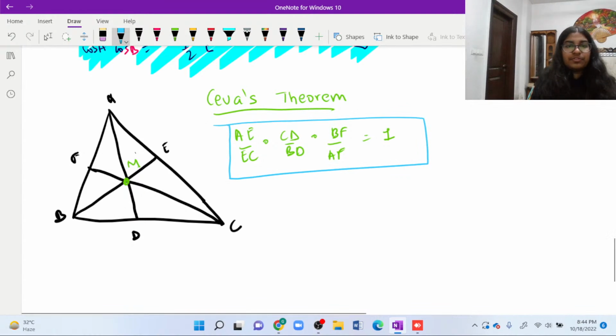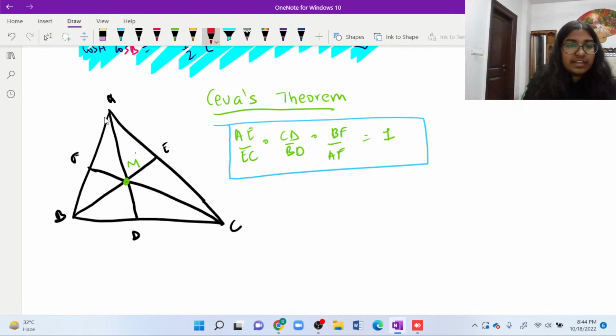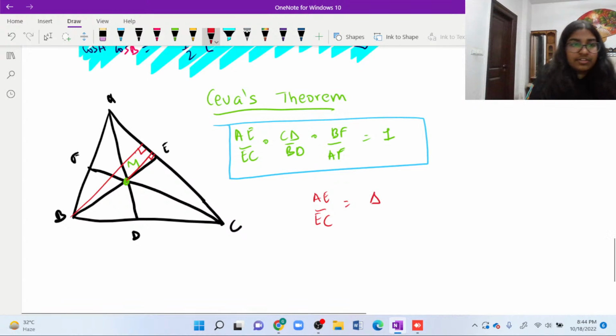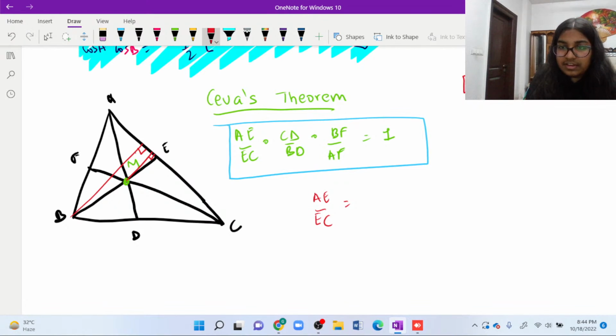And it's easy to prove using areas, because you can see that AE by EC is just, if you drop a perpendicular, that is just from here also. So AE by EC is area. Okay, symbol of area is this. It's not general, but let's use it.